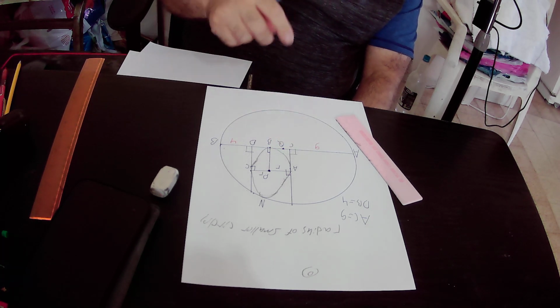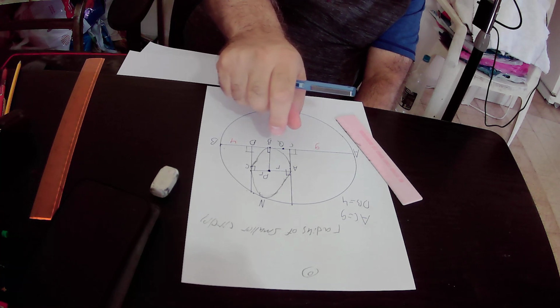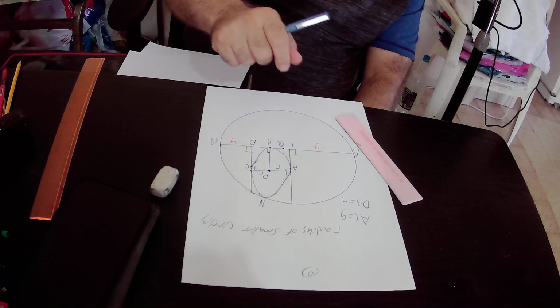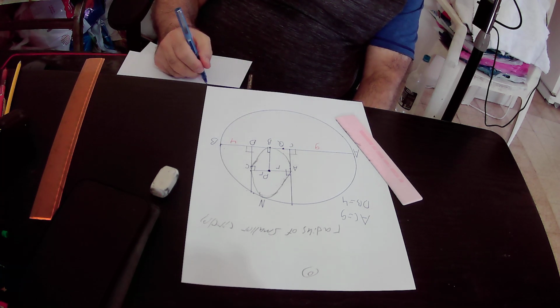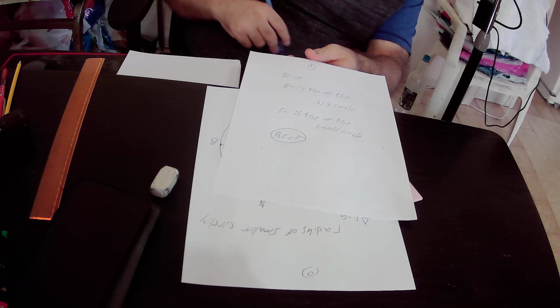Therefore BC, that is equal to AP, also equals the radius of the small circle. BC equals r.